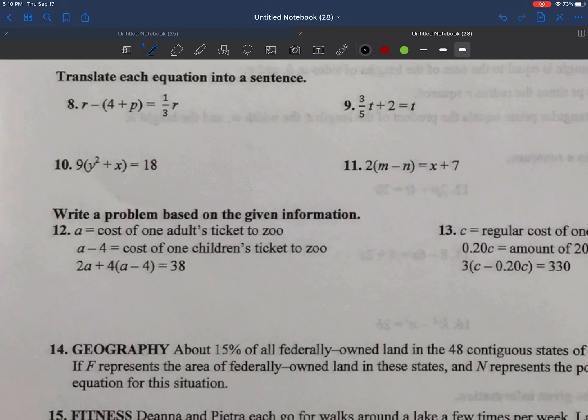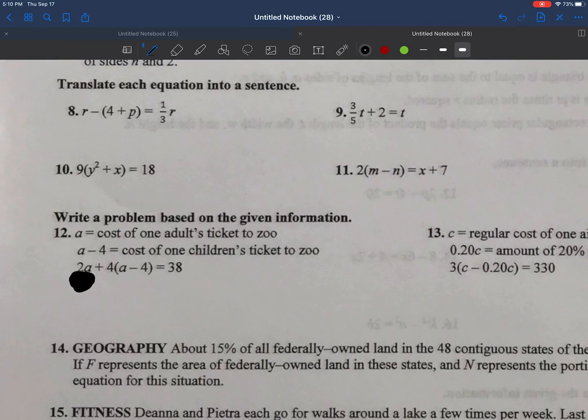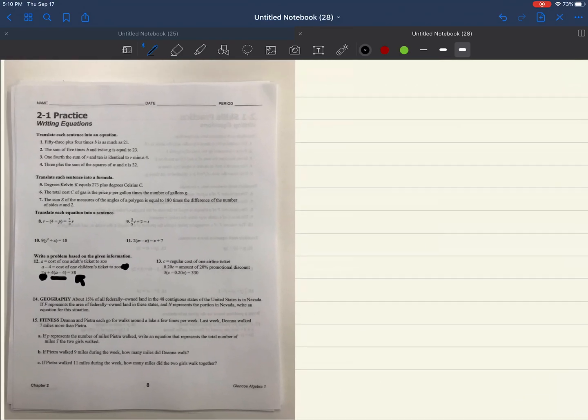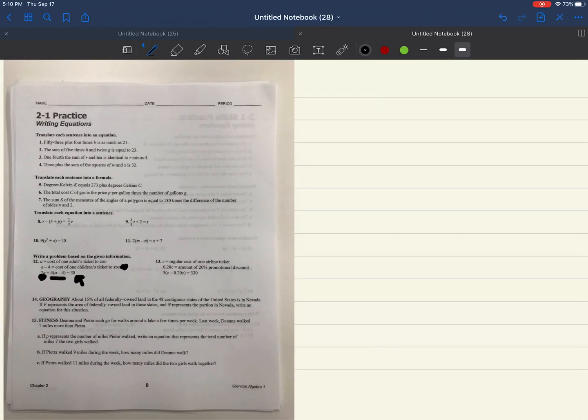So if I know that A is an adult ticket and we did 2 times A, that tells us we bought 2 adult tickets, right? And then here, if I have 4 times A minus 4, that means I bought 4 children's tickets, and the total would have been what? $38, okay? So it wants us to write a problem based on the information.